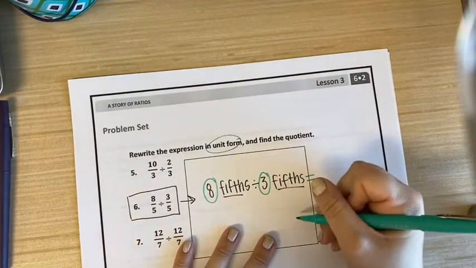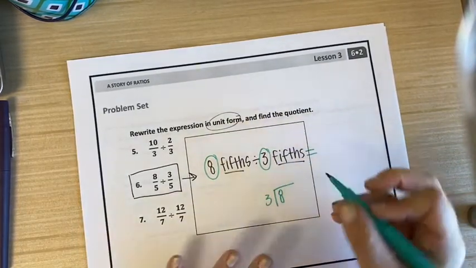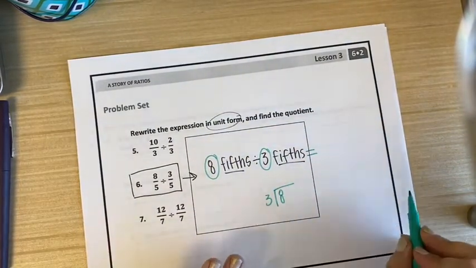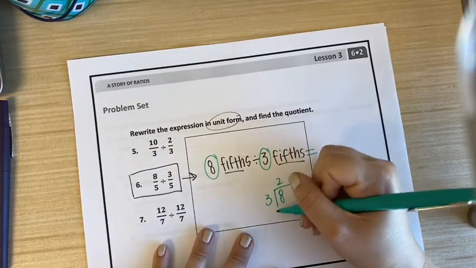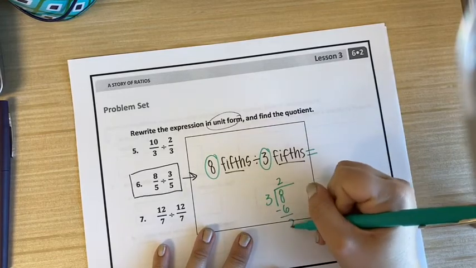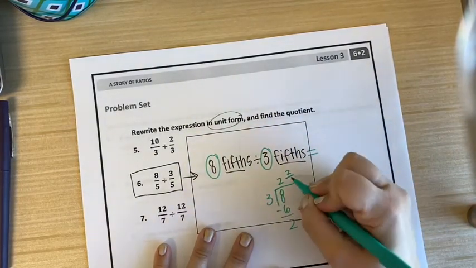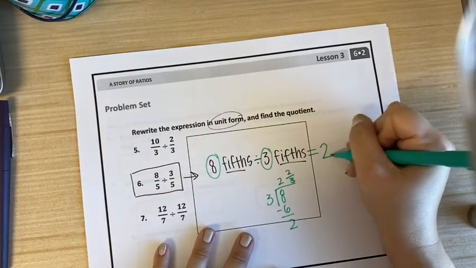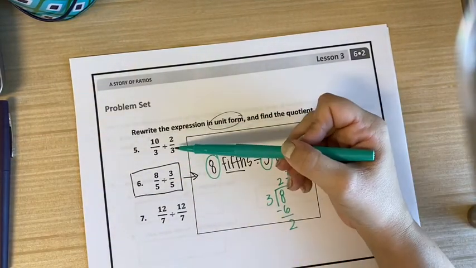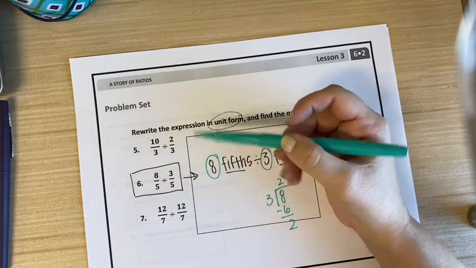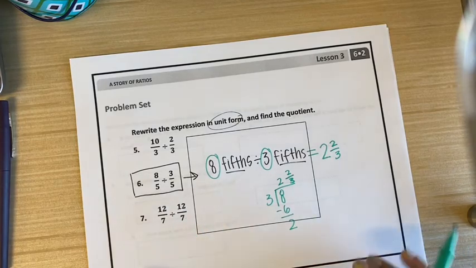So if I do 8 divided by 3, and I want to get a fraction, I don't have to do long division here. 3 goes into 8 2 times, which is 6. There are 2 left over, so 2/3 left over. So my answer is 2 2/3. And you'll do that same thing with number 5 and number 7. You write it out as words. Notice that the unit is the same, so you can just divide.